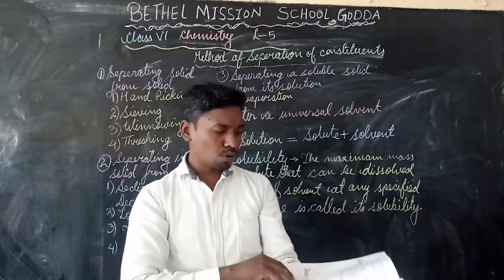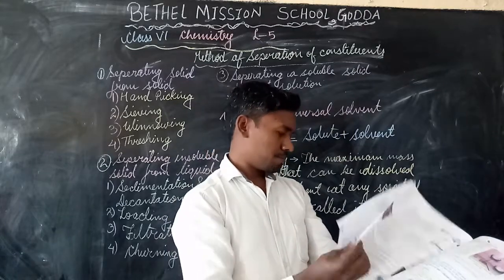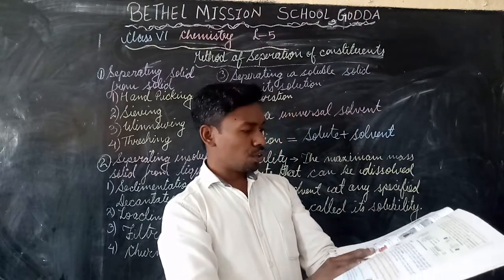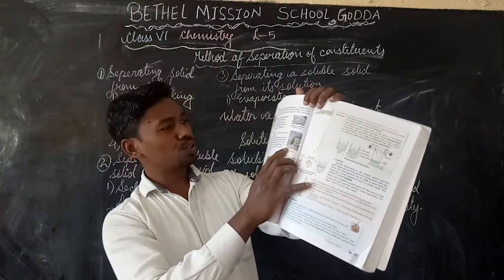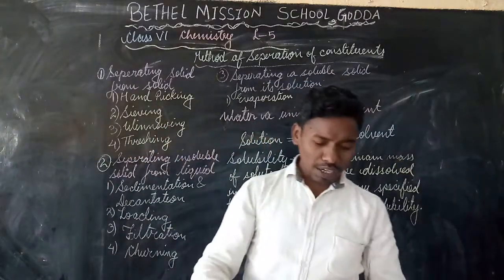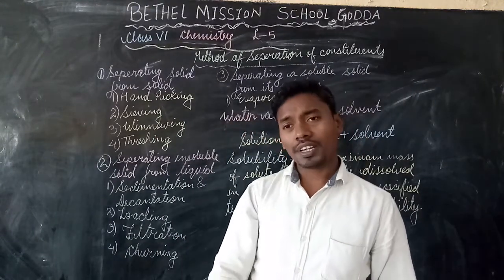It is given in your book. One very good example is there here, an example of winnowing. So this photograph, it is there. You might have seen the people. This is called winnowing, in which the particles are heavy and the other particles are very, very light.